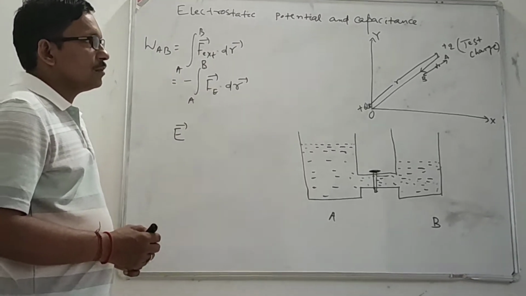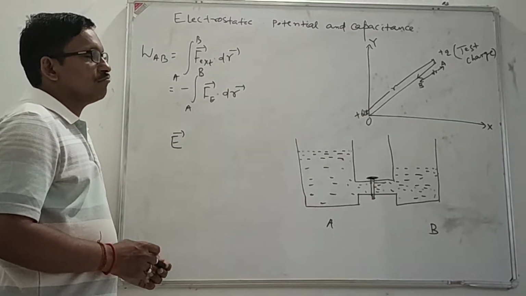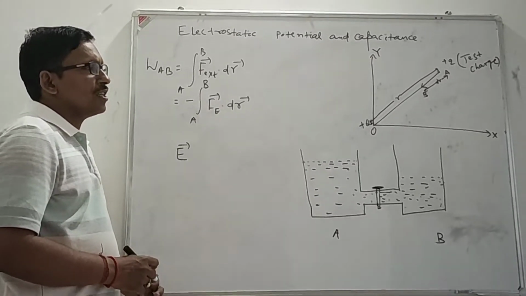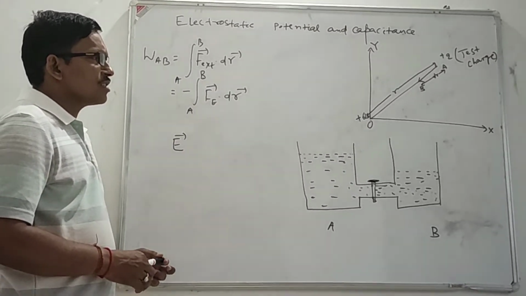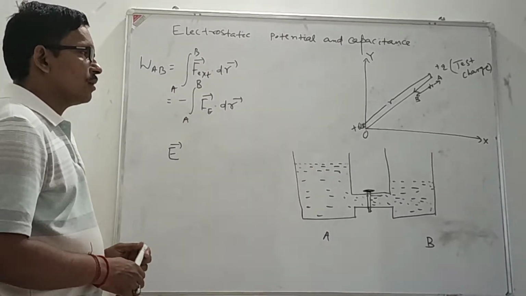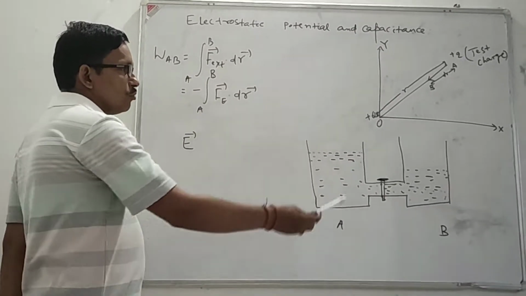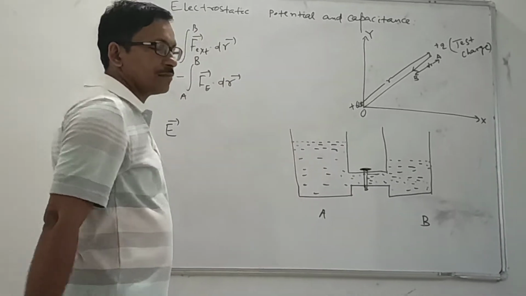So, to define electrostatic potential energy, let us consider a positive charge plus Q located at the origin.